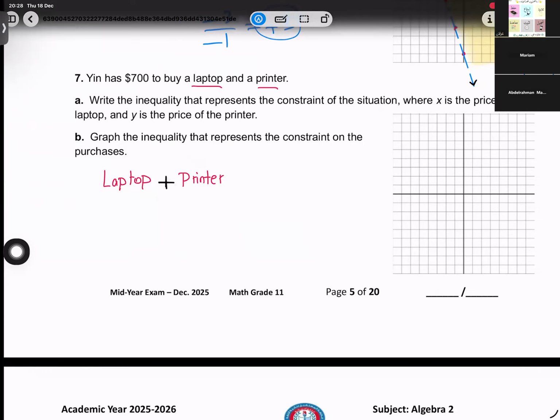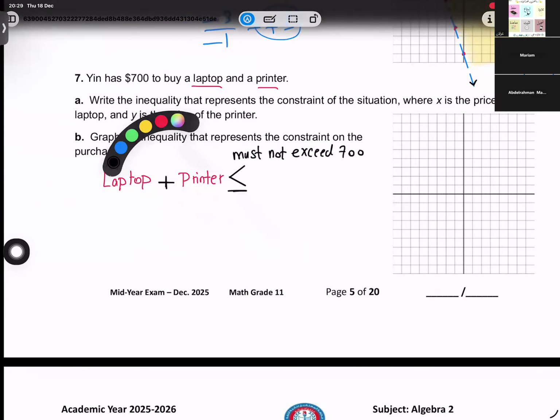So x plus y is equal to, but not greater than, 700. Excellent. x plus y less than or equal to 700.